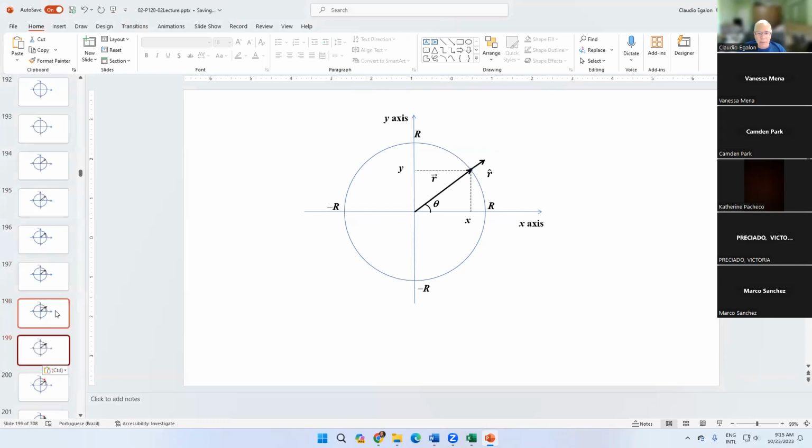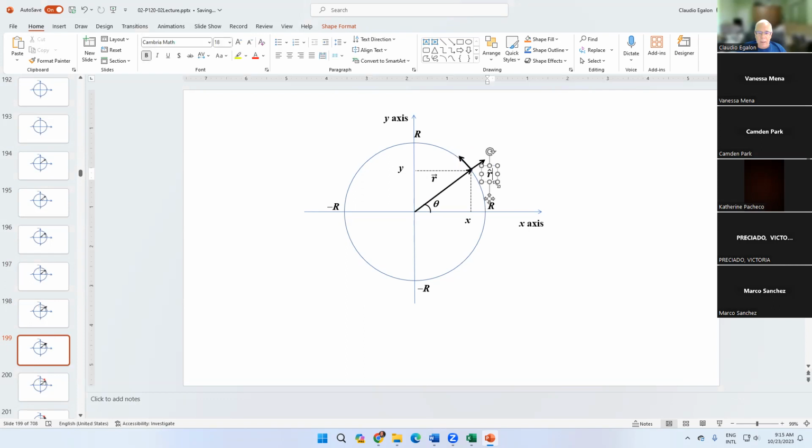And I'm going to display now the theta hat as well. The unit vector theta hat, I'm going to put it here. Those two vectors are perpendicular to each other.